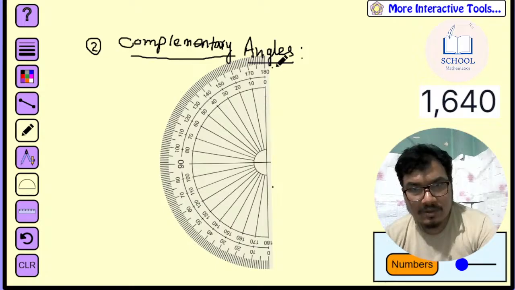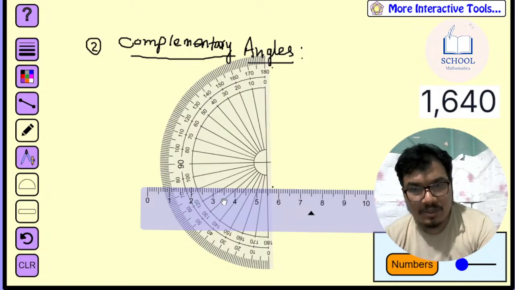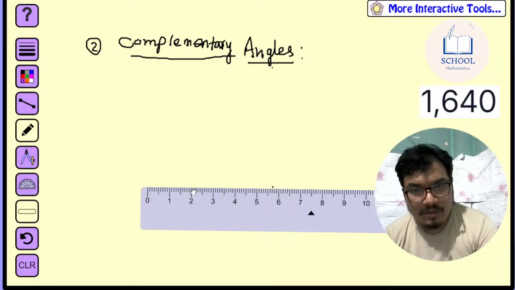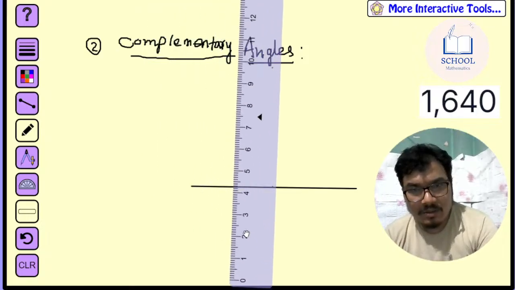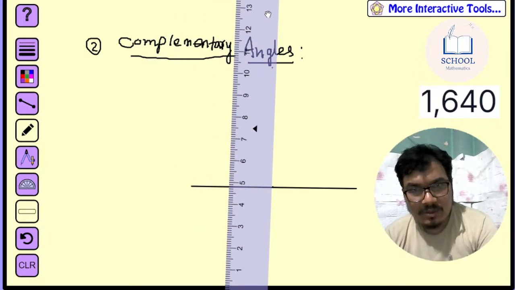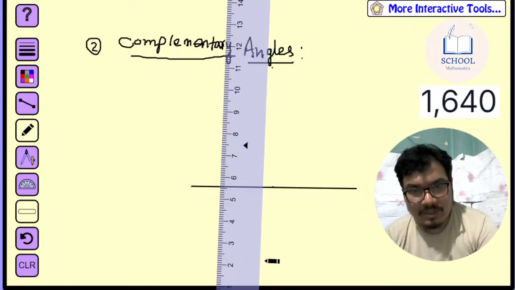First, here I want to take the help of a ruler, okay, like this. Then let's join these two points which we had pointed here.